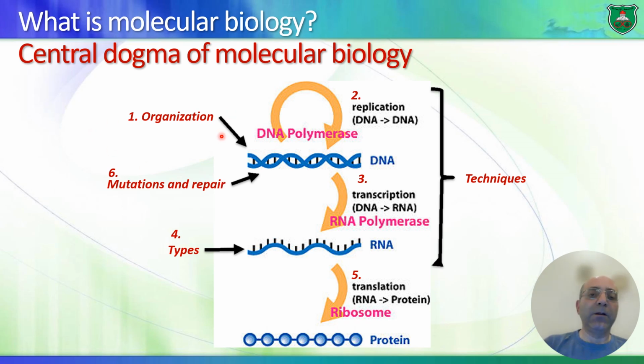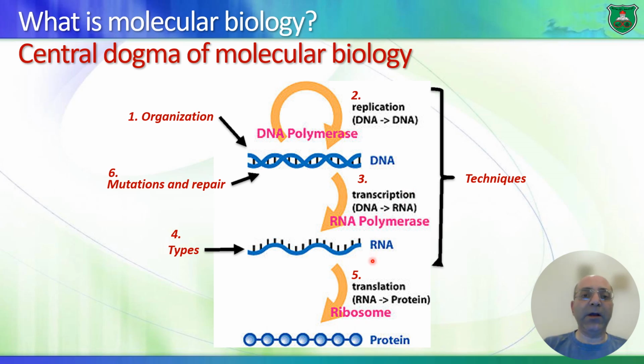Now, the processes that we will talk about: DNA replication, transcription, translation. That is, DNA makes DNA by a process known as replication. DNA can also make RNA by a process known as transcription.